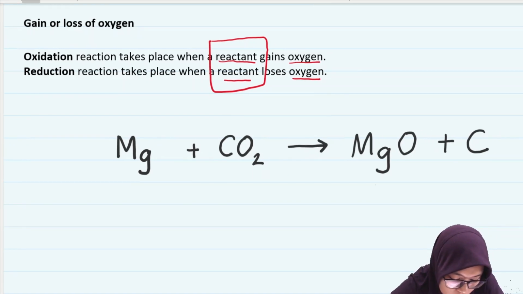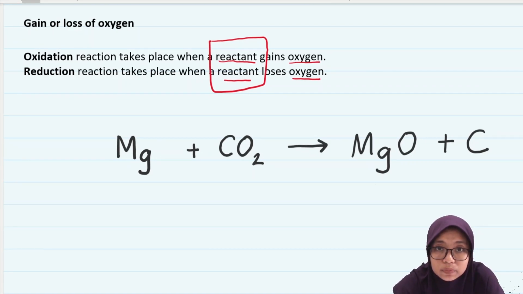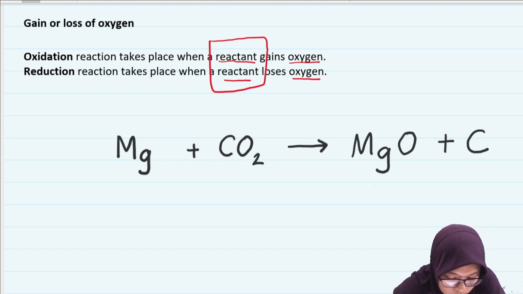Okay, that is the reaction given in your textbook. Okay, you can also refer to your textbook if you have problems understanding what I'm saying. It's just the same. Okay, it's just that I will explain okay apa yang ada dalam textbook awak.